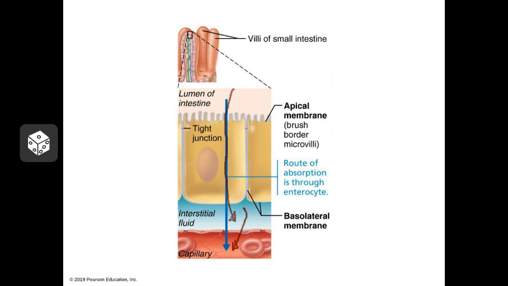If you're moving that many solutes across membranes, what will follow it? If you were thinking osmosis, you are correct. Increase the solute concentration here, you create an osmotic gradient, and water follows it.